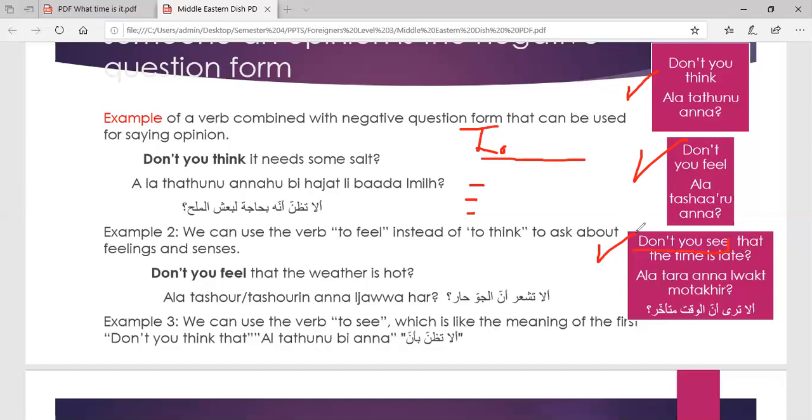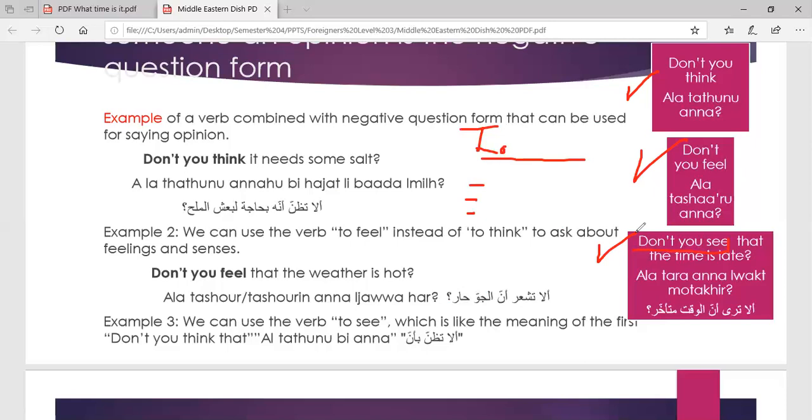So what I need you to stress on for the quiz, negative question forms, as we said, each one what's its use, especially between what. If I ask you, we use for asking information about something. You have to choose ما and ماذا. Two. Okay. And the difference, you have to know the difference if this is very important to the exam.